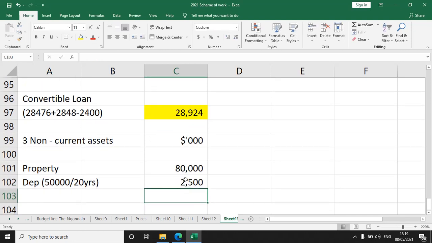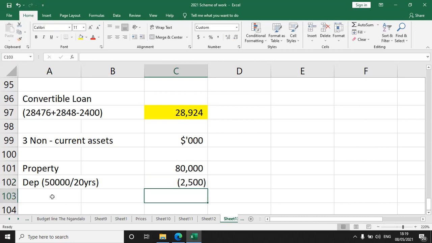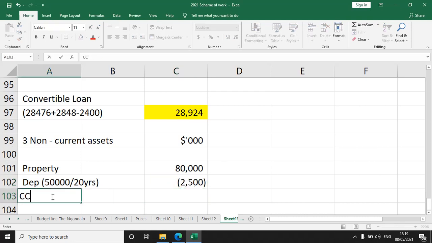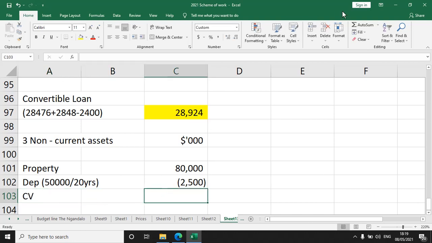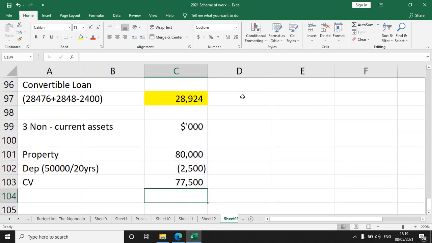So we are getting a 2.5, and of course this 2.5 is supposed to be a minus. Okay, so you put minus 2.5. So your property CV is standing at the difference between those two figures, 77,500. This is the CV of property.